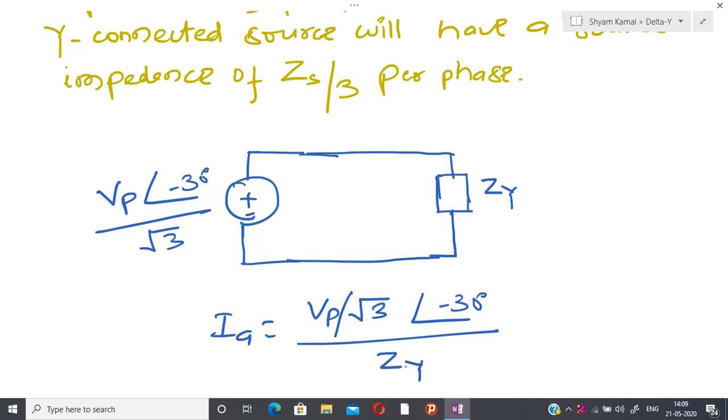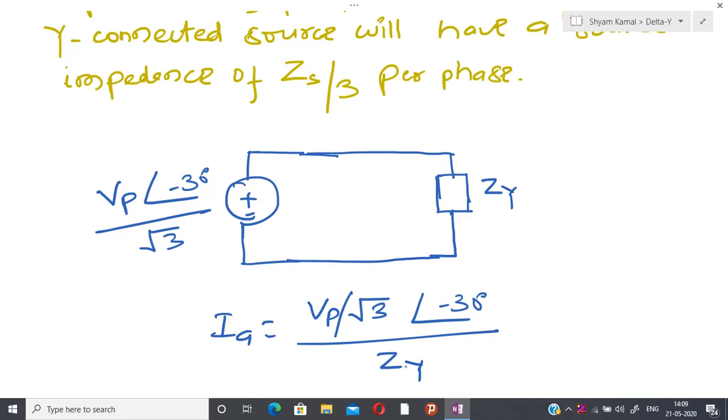However, on the source side, the delta connected source is hardly used for practical purposes, because any slight imbalance in the phase voltages will result in unwanted circulating current.